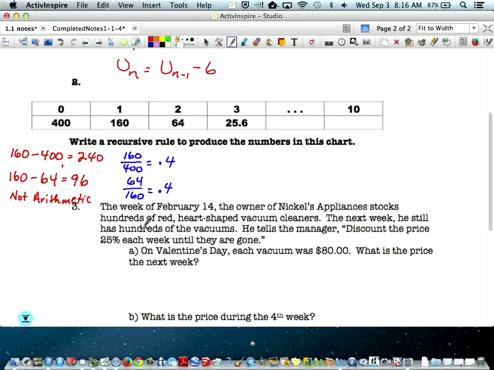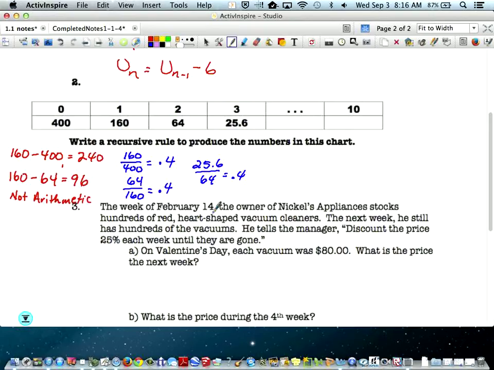Yeah, that's one. And then if I take my 25.6 and divide by 64, I should also get my 0.4. So when you go to check for geometric, if you take that next number and divide by the one right in front of it, and you keep getting the same number, then you know it's geometric.